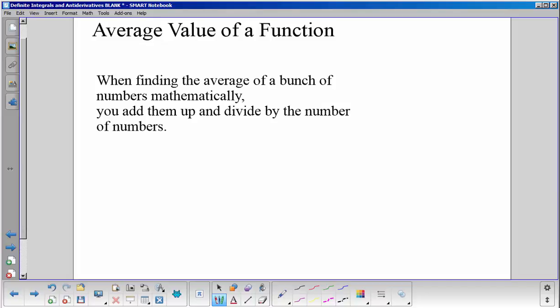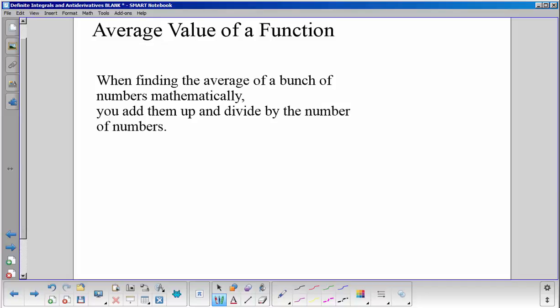Okay. Average value of a function. When finding the average of a bunch of numbers algebraically, what do you do? You add them up and then divide by how many there are, right?